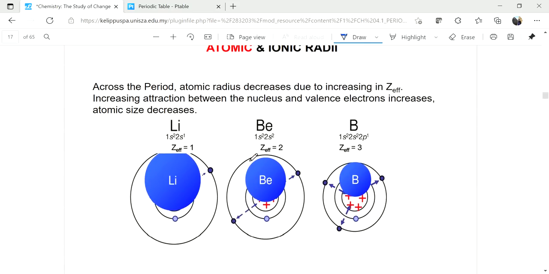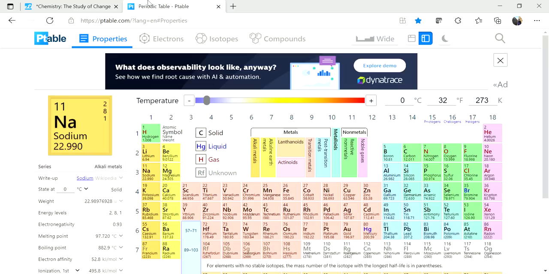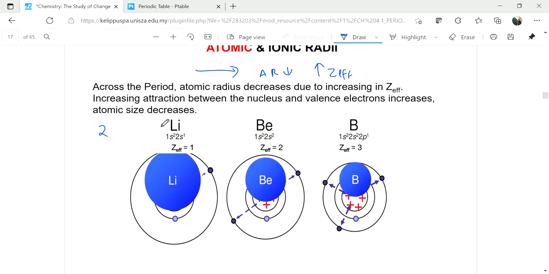Across period, atomic radius decreases because of the increase in ZF value. As an example, we see here lithium, beryllium, and boron. These are all elements in period 2.